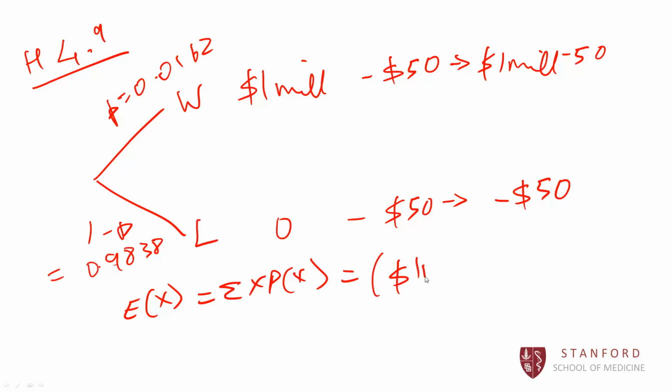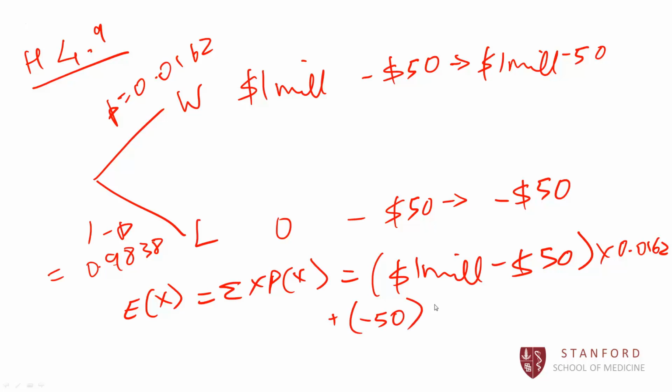The payoff when we win is $1 million minus the 50 that we pay to play, and the probability of us winning is 0.0162. The payoff if we lose is negative $50 times the probability of us losing, which is 0.9838. If we do the math, we'll see that the expected value for the game comes out to about $16,000, which tells us that the expected value is positive.